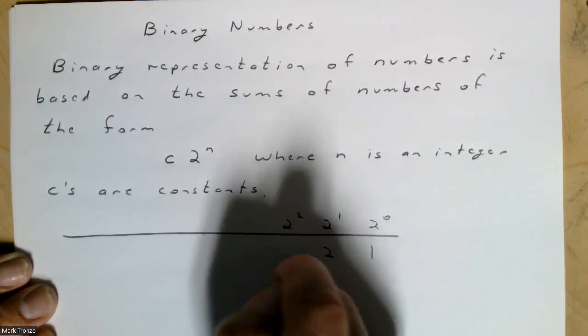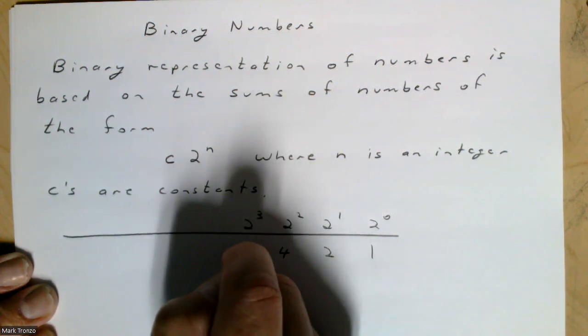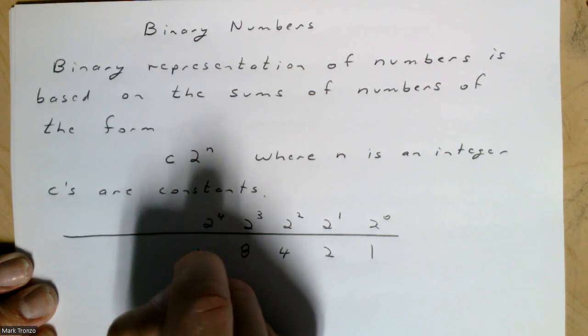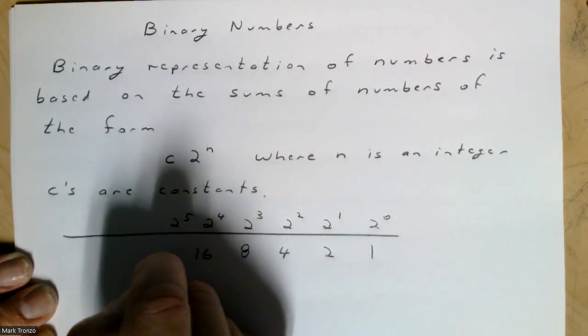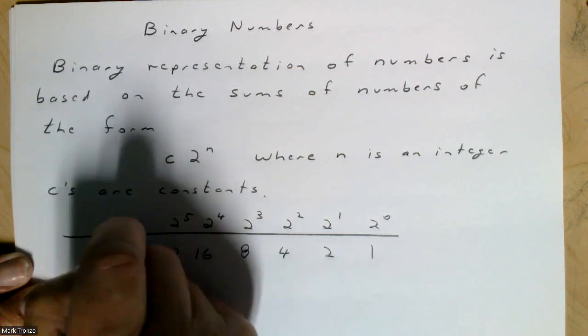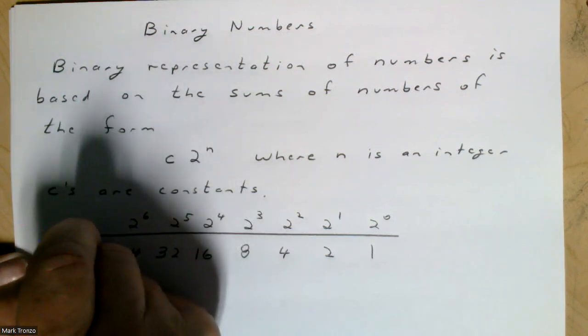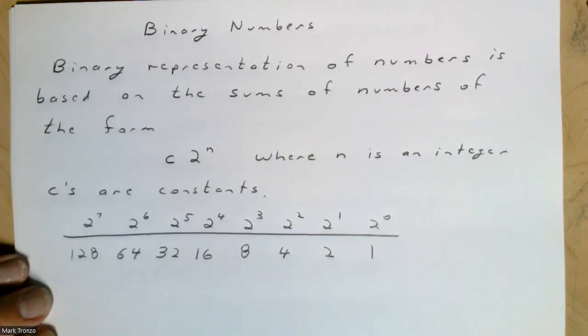To the second power is 4. To the third power is 8. To the fourth power is 16. To the fifth power is 32. To the sixth power is 64. To the seventh power is 128. That's probably all we need for the moment, but you can continue on as far as you like.